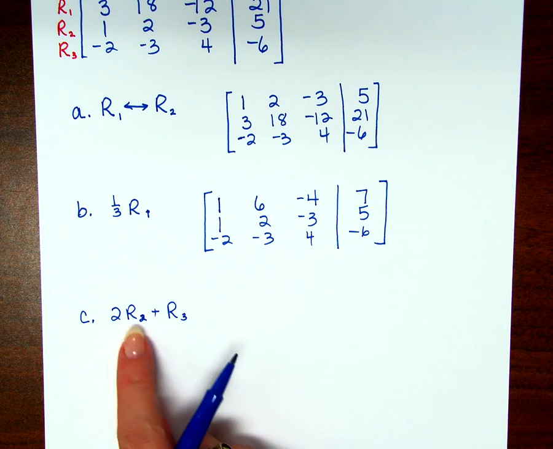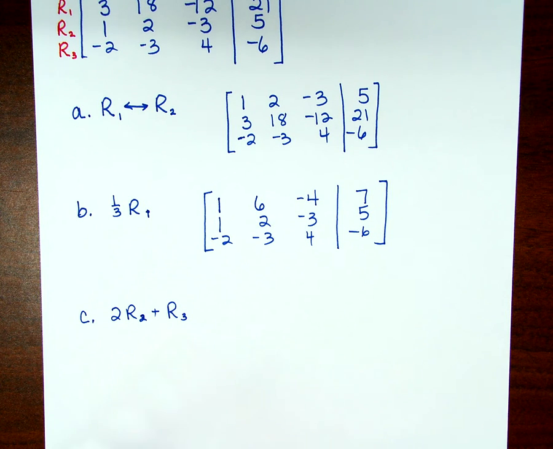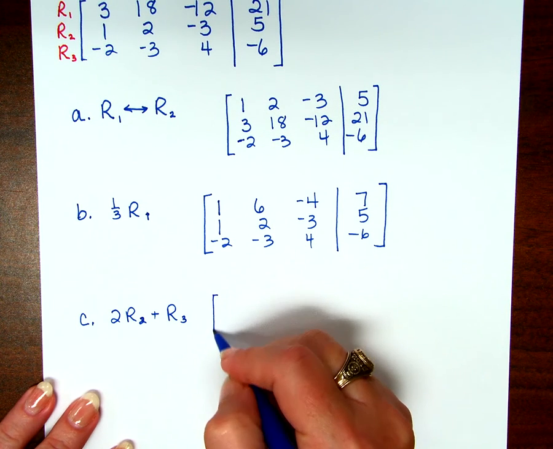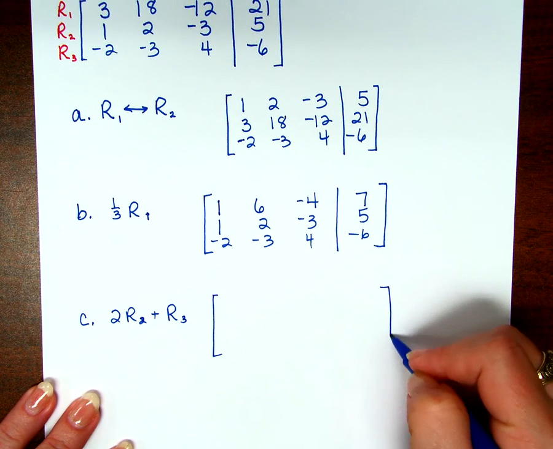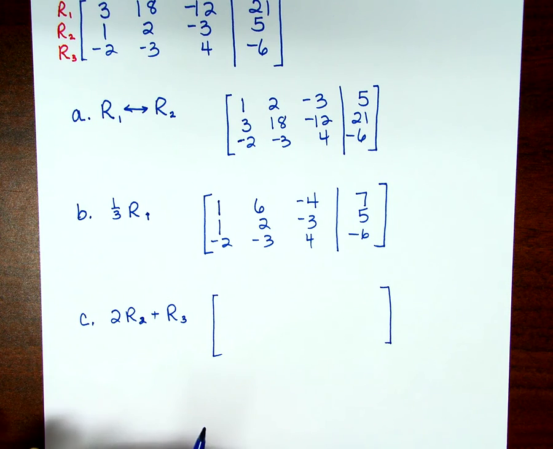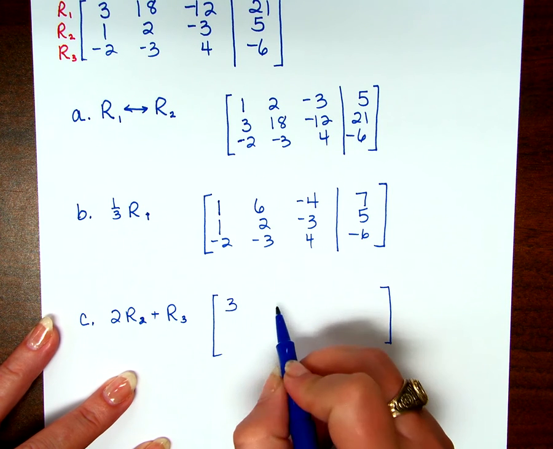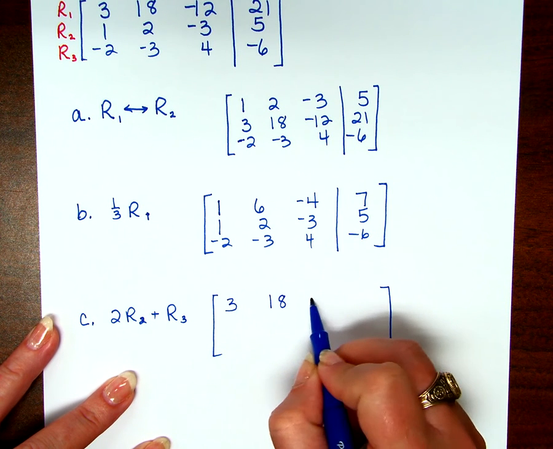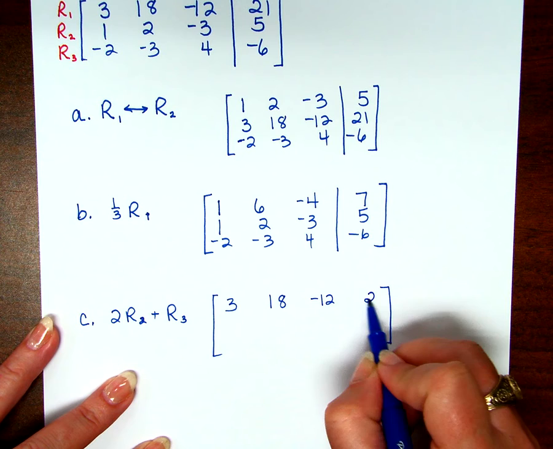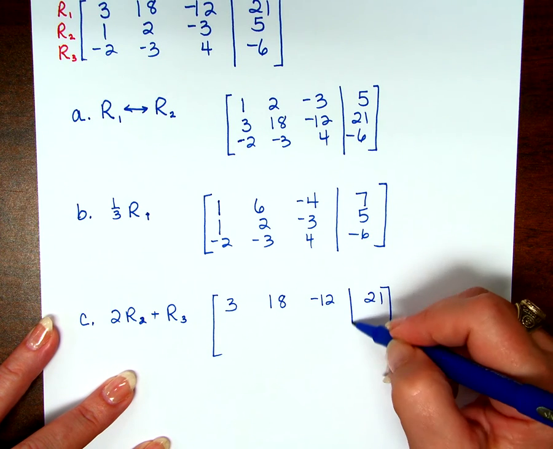Two times row 2 plus row 3. Tell me about row 1. Nothing, right? Nothing happens to it, so it's going to stay the same. Tell me about row 2.